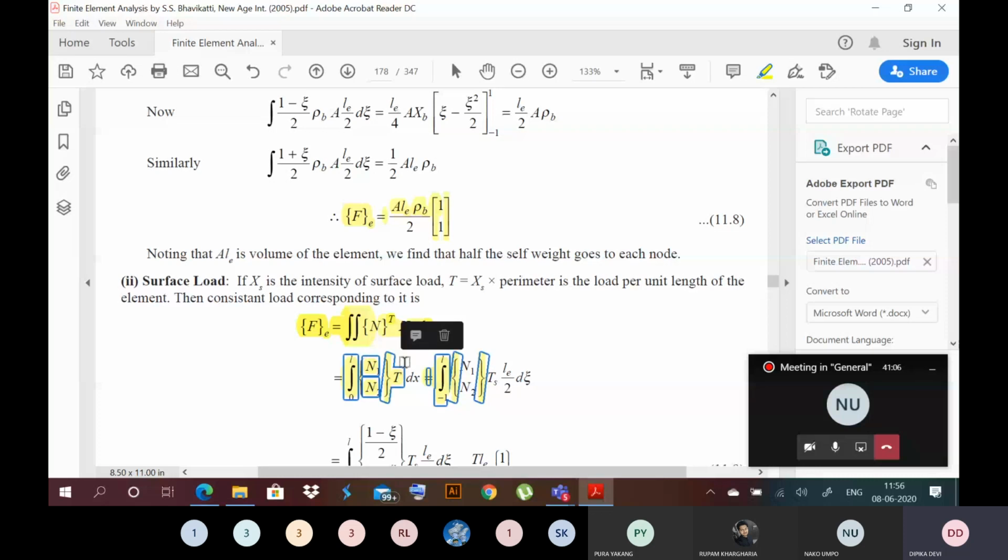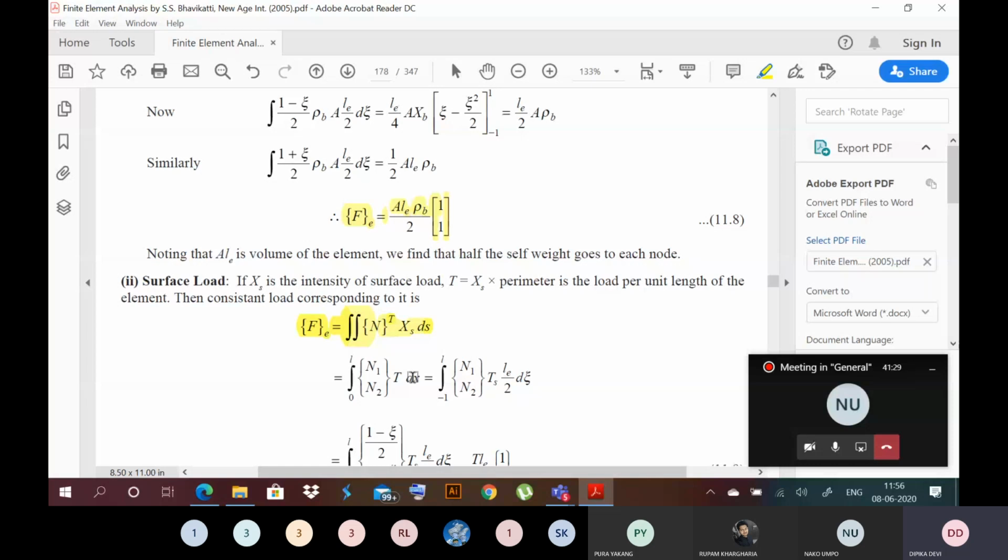Therefore, when we write the surface traction in terms of length, it means we have already integrated along the perimeter. So next will be integration over the length of the element only, because surface traction acts over the surface of the element, and surface area is equal to length into perimeter, isn't it?